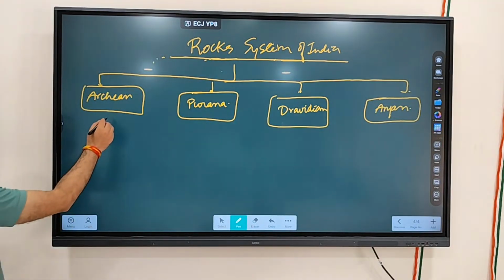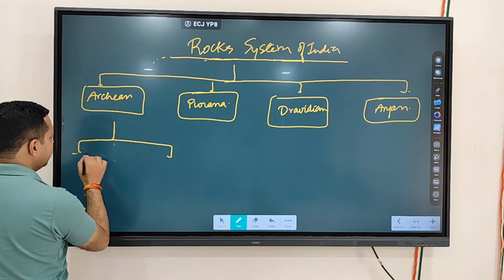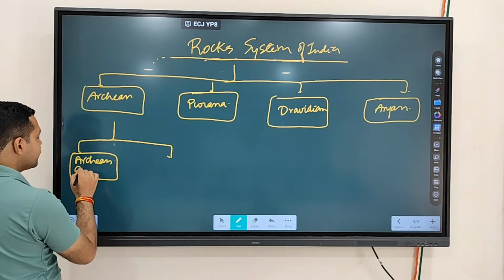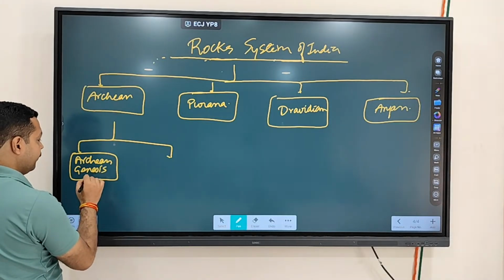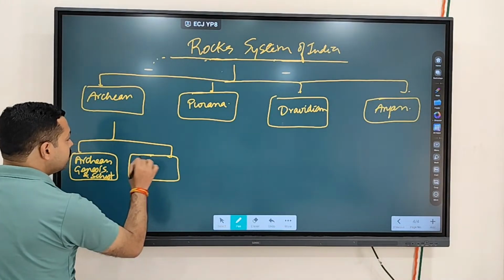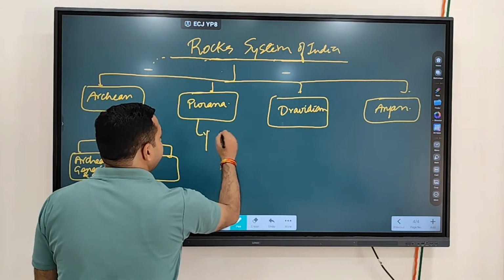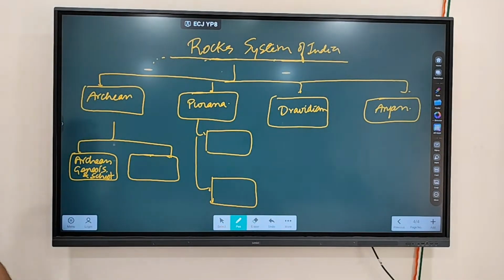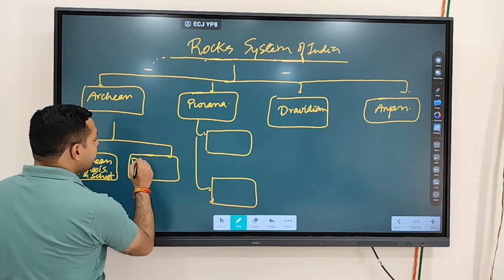Archean is further divided into two types: Archean gneiss and schist, and second is called Dharwar rock.